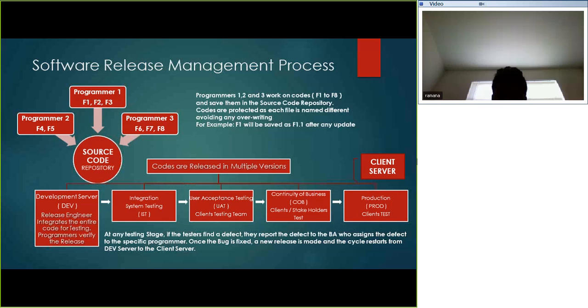Yes, Subhash. So UAT and COP is the same kind of testing? Yes. The testing performed is the same. But IST is one team. UAT could be a different testing team.